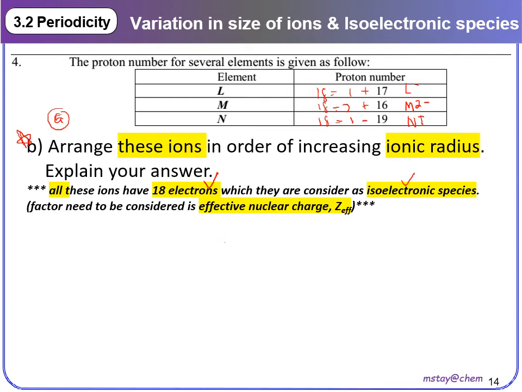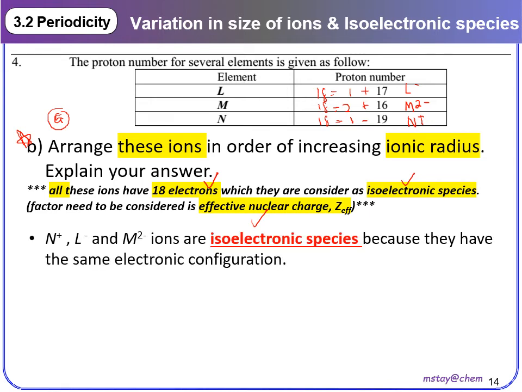So basically all these ions have 18 electrons, so they are considered isoelectronic species. If they are isoelectronic species, this time we are going to consider the factor of effective nuclear charge. So when we do the explanation, we have to include N plus, L minus, and M2 negative. We repeat all these ions to let the examiner know that they are isoelectronic species.